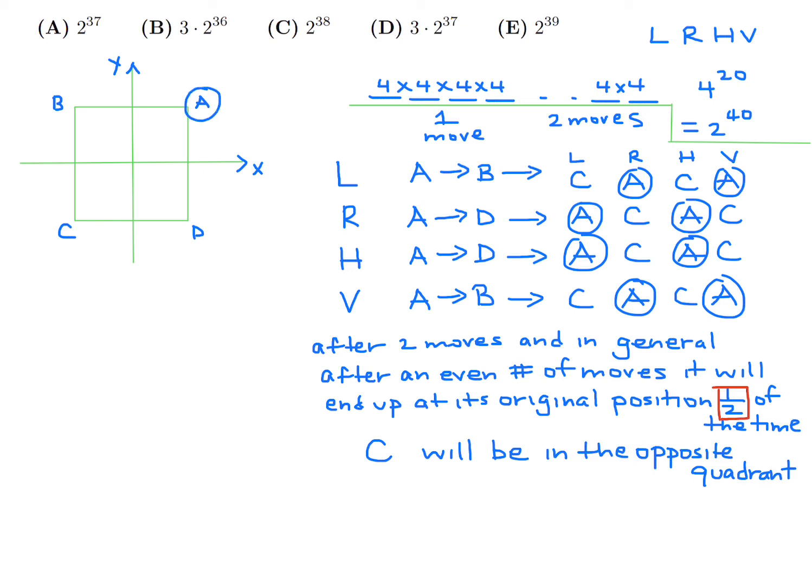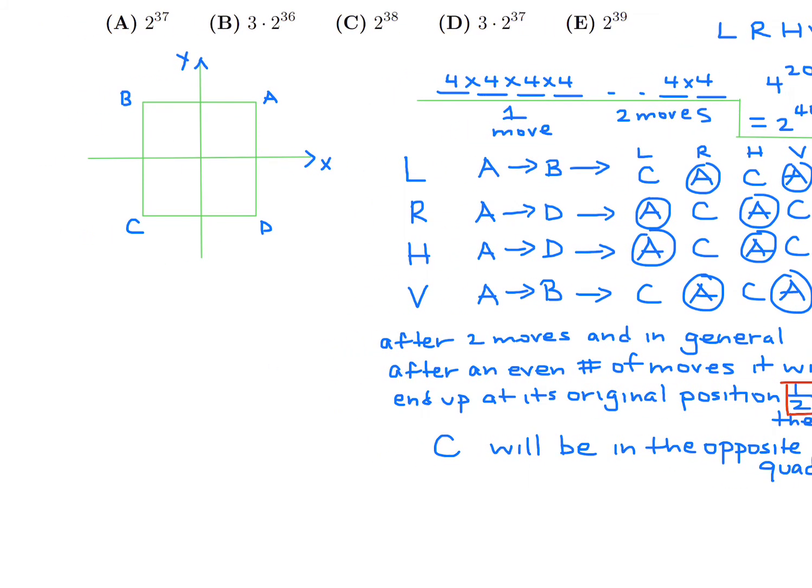So if A ends up back in here, C will end up back there. That will basically be helping to put the original shape back into its original position. All right, so let's do the exact same thing, but this time we'll do it for B. So I think we'll be able to do it with this much space here. Okay, so here we go.